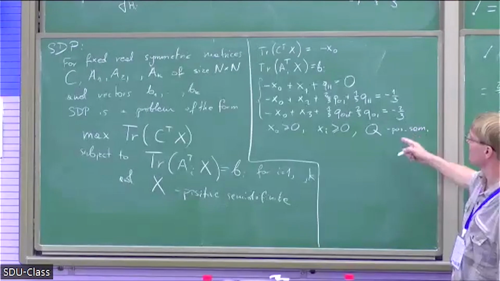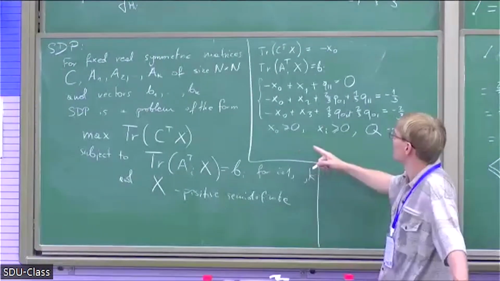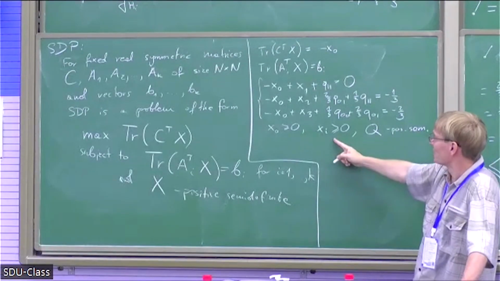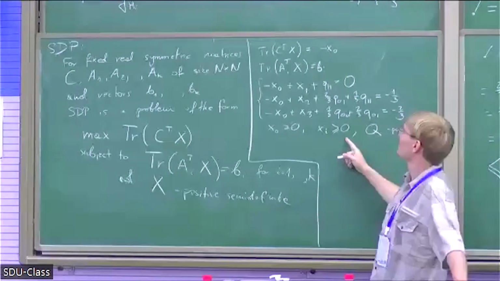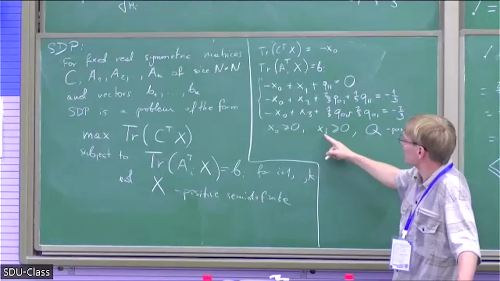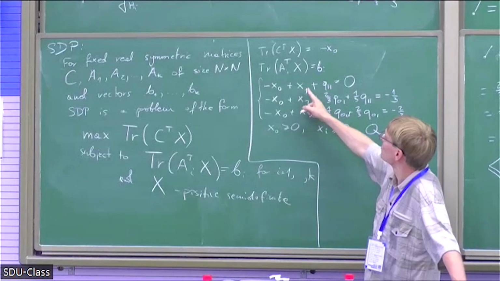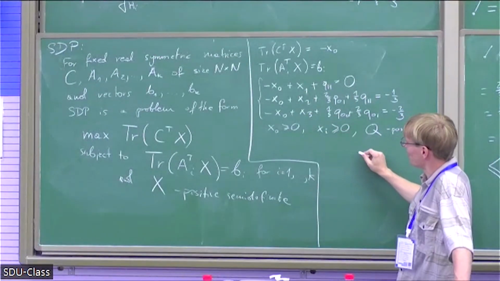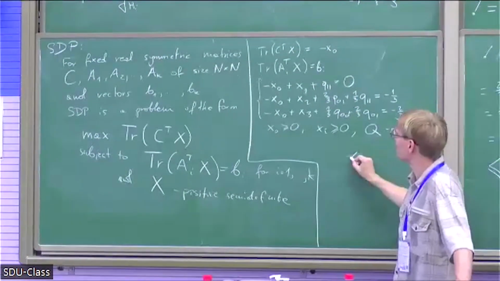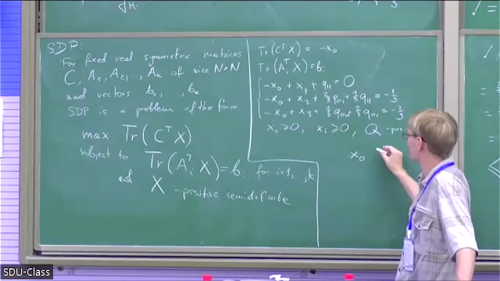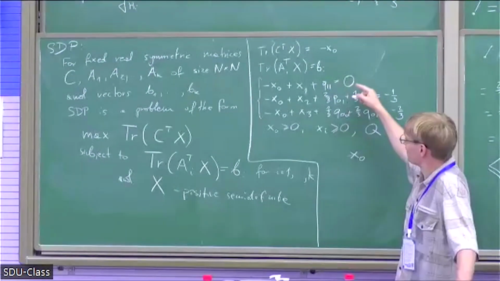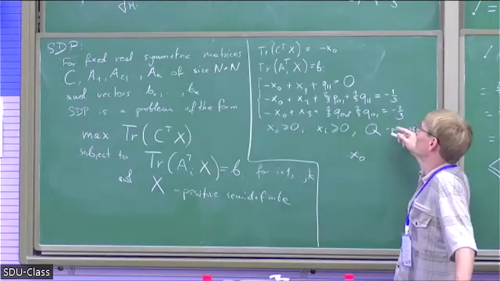Okay, and now what it means that X is positive semi-definite and xi's are non-negative. If we use it here, like x1 at least 0, let me move x0 to this side, I will obtain that this is bigger or equal 0. I'm lost.